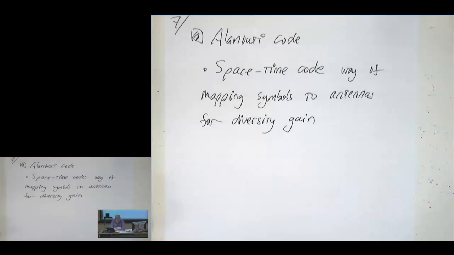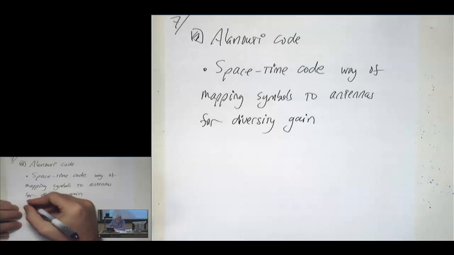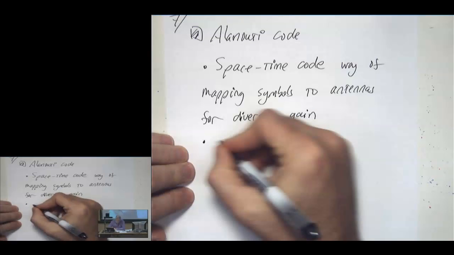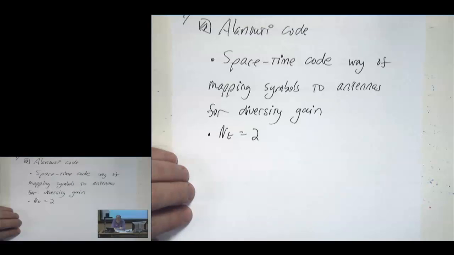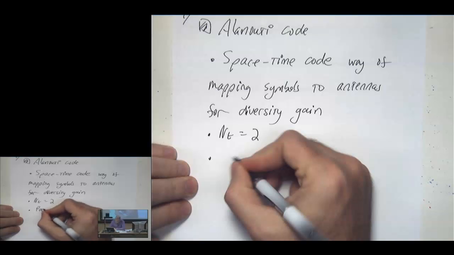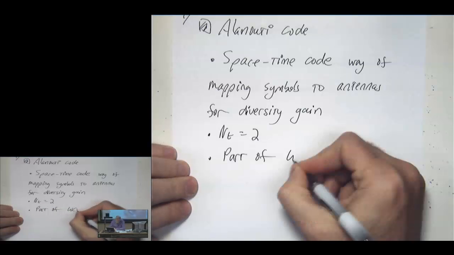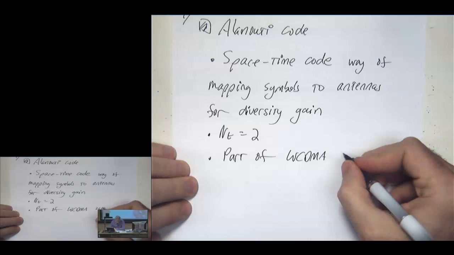Now, the Alamouti code is a very special example that only works for 2 transmit antennas. But it turns out it's extremely elegant. And it's actually part of wideband CDMA. This is essentially the first release of 3GPP.